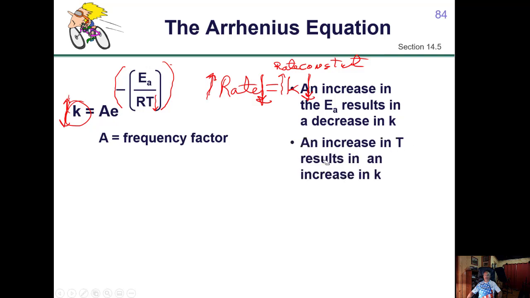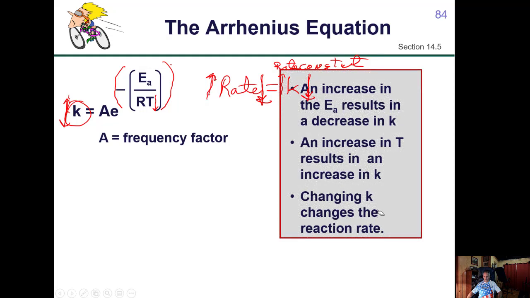An increase in temperature results in an increase in the rate constant, speeding up the reaction. And exactly the opposite if you lower the temperature. Okay, so changing K changes the rate. That's what you want to remember. Changing the rate constant changes the rate of the reaction.